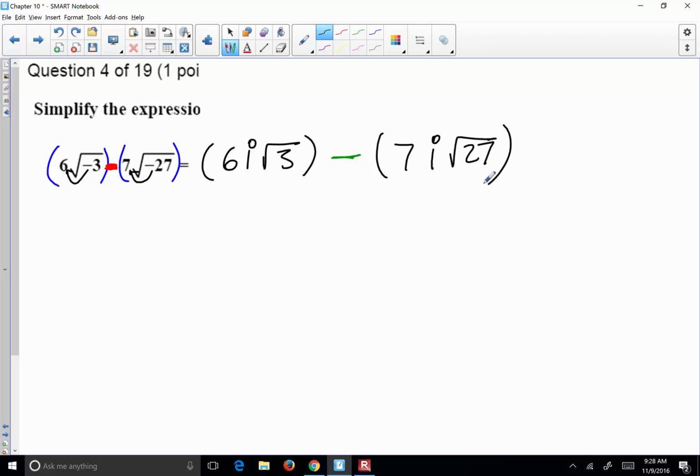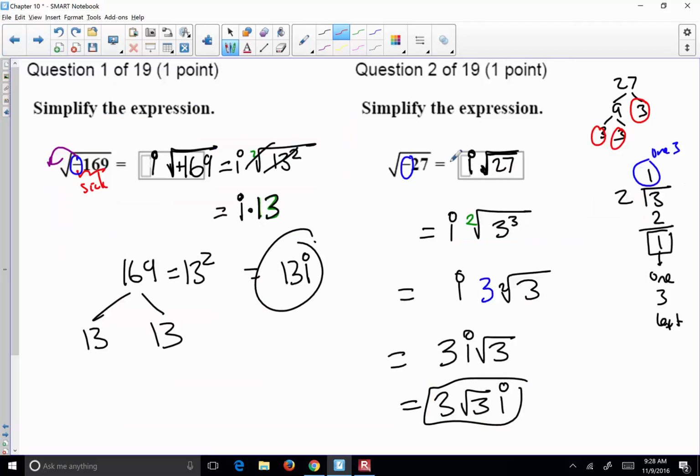Now, jails are clean. We need to simplify them. To perform this subtraction, I need to get same inmates in each radical. This is 3, this is 27. We need to work on 27 and fix it. But we did it a moment ago, so I'm going to cheat. How did you guys simplify root 27?